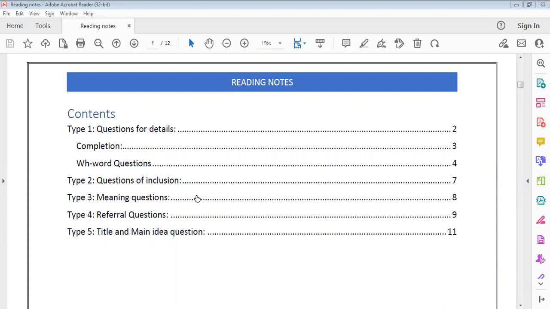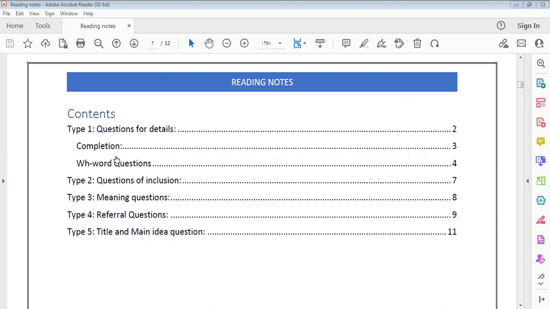As for our approach today, I will start with type 1, completion. After I explain completion we will have a short quiz based on completion. Then I will explain how to answer WH word questions, and then we will have a quiz based on WH word questions.